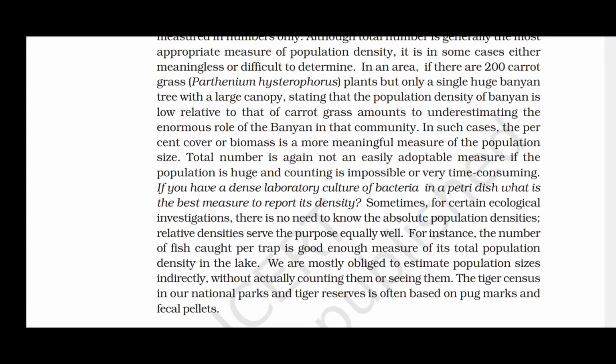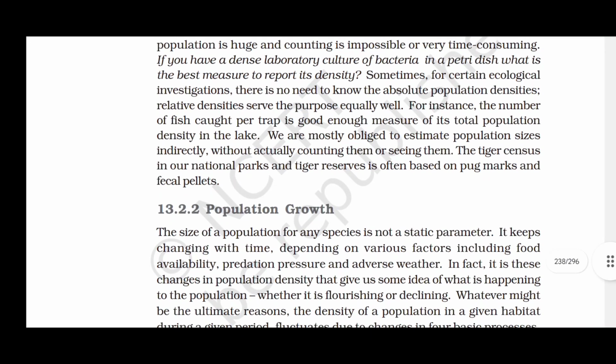Relative densities serve the purpose equally well. For instance, the number of fish caught per trap is a good enough measure of its total population density in the lake. We are mostly obliged to estimate population sizes indirectly without actually counting them or seeing them. The tiger census in our national parks and tiger reserves is often based on pug marks and fecal pellets.